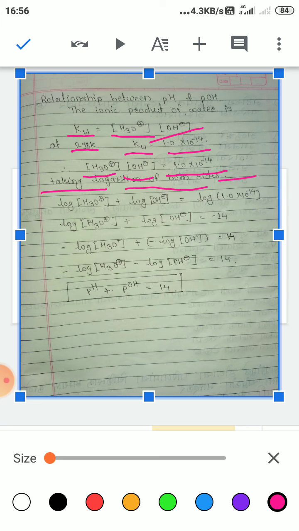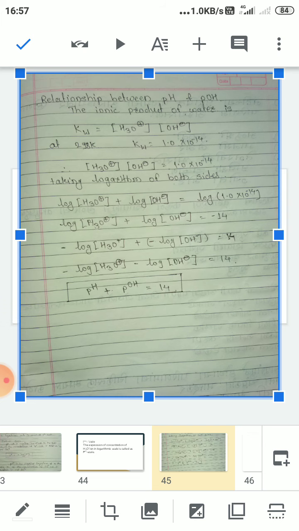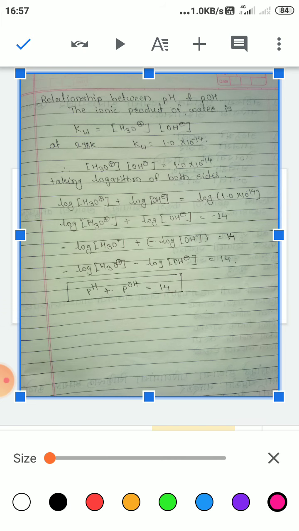Therefore log of hydronium ion concentration plus log of OH- ion concentration, because of the multiplication sign we take a summation of logs, is equal to log of 1.0 into 10 to power minus 14. By taking the log of this term we get the answer minus 14.